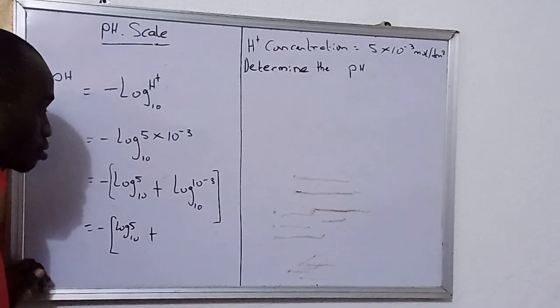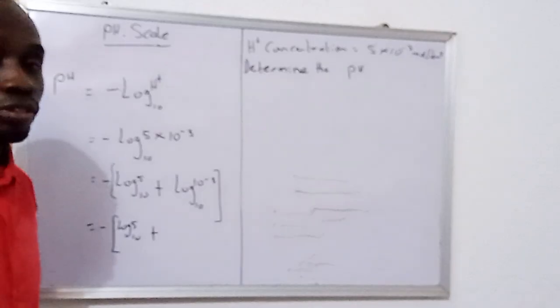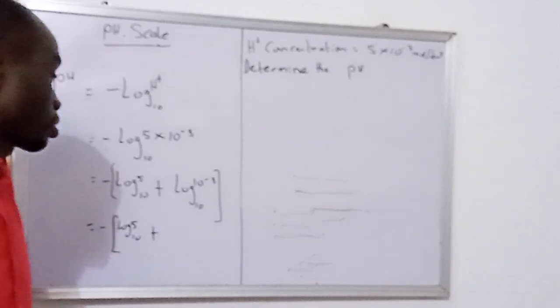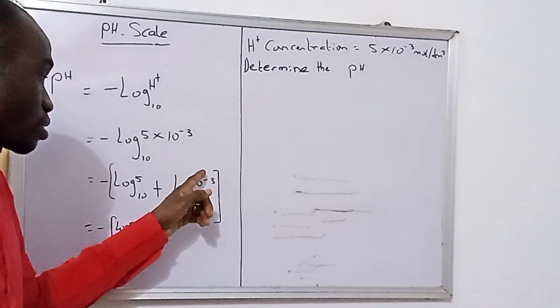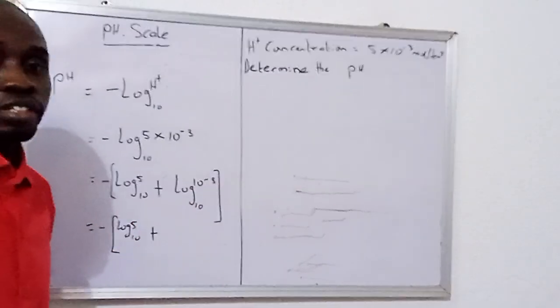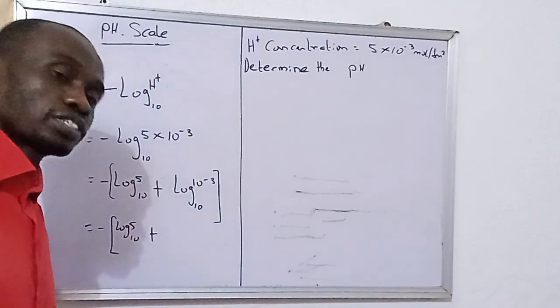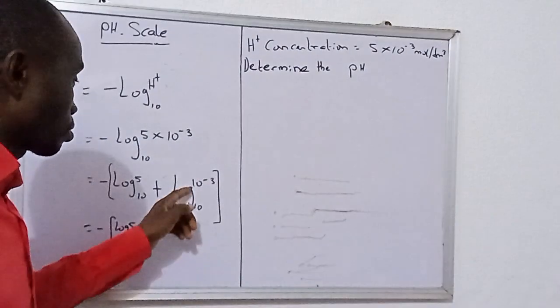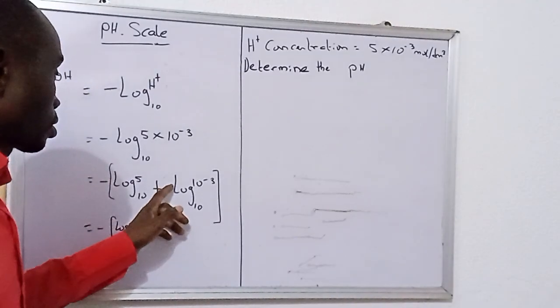Now, there's a theorem in logarithms called the law of logarithms. Anytime you see a log having a power, the power needs to come as the coefficient of the log of the 10 here.